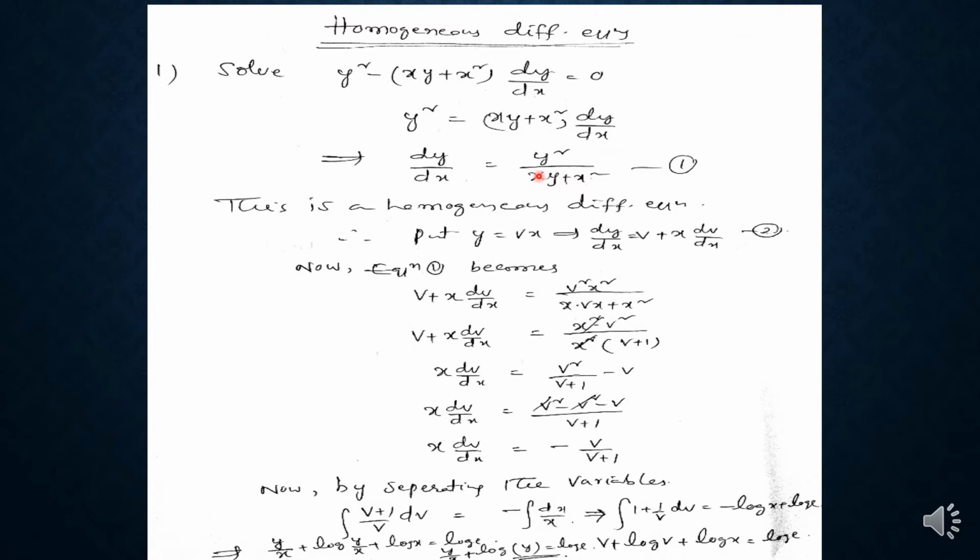Then we can proceed with the procedure to solve the homogeneous differential equation, that is by putting y is equal to vx. Then dy by dx is equal to v plus x dv by dx.